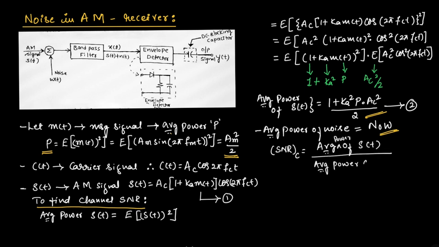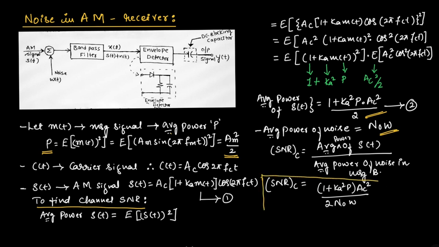So we need to divide the equations of average power of s of t and average power of noise to get the signal to noise ratio of the channel. Then let us take this equation as A.